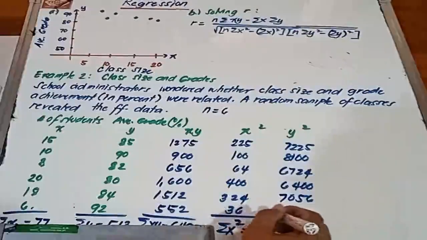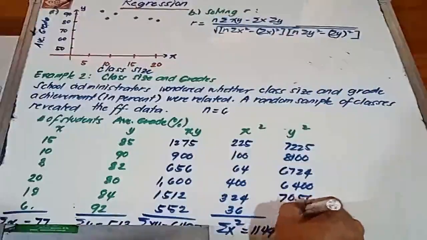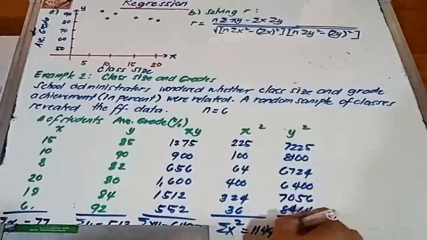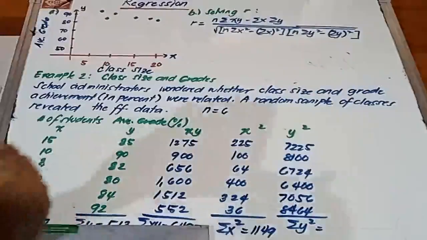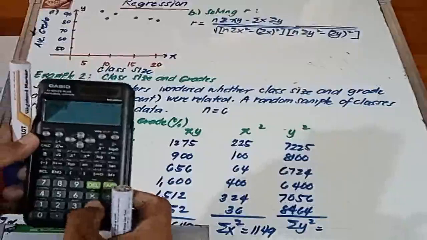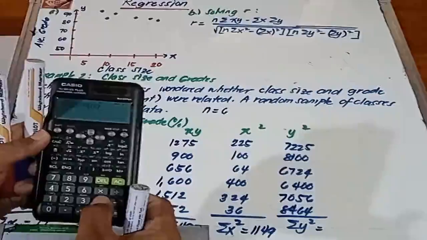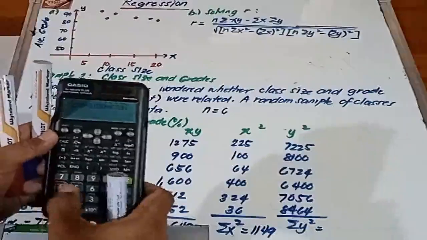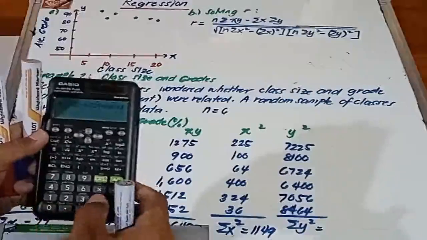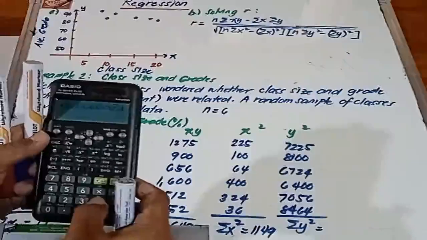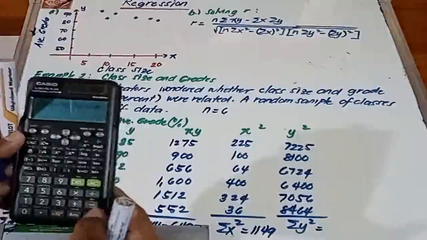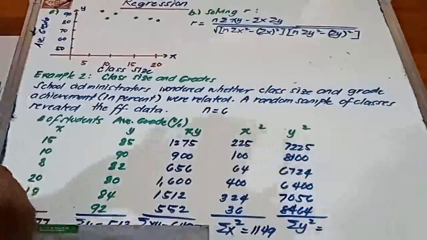And 92 squared is 8464. Kunin natin summation, that is summation of y squared. We have 7225 plus 8100 plus 6724 plus 6400 plus 7056 plus 8464. The summation is equal to 43969.